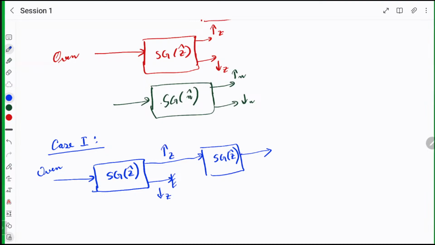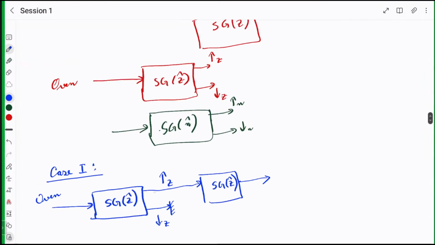Now, what do we expect? Since we have allowed only the up spins to go through, we pass it through another Stern-Gerlach apparatus oriented in the Z direction only. So basically, what does it mean? We are allowing only the up spin Z atoms.